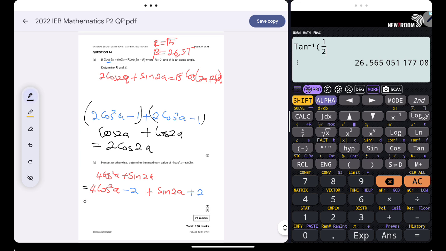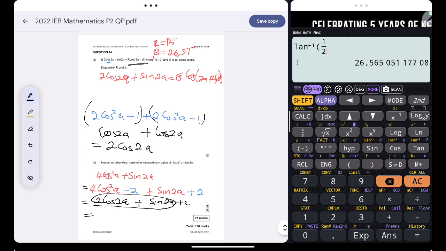So I can simply say this is equal to 2 cos 2A plus sine 2A plus 2. Remember that this is equal to this one, and we hence found that it's equal to that.